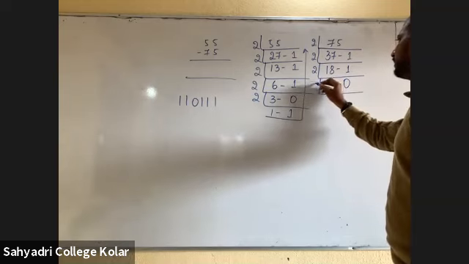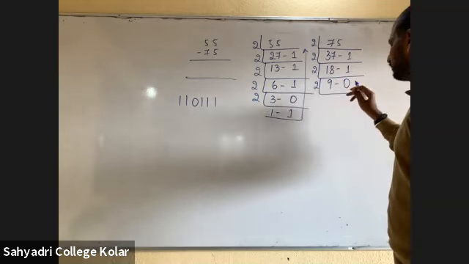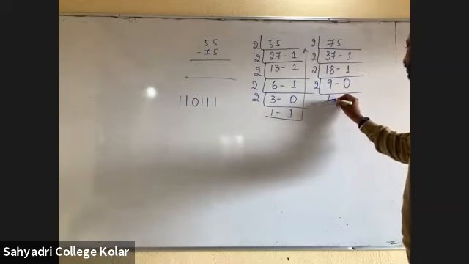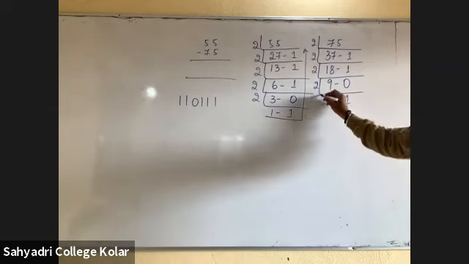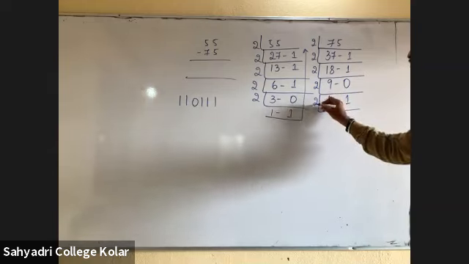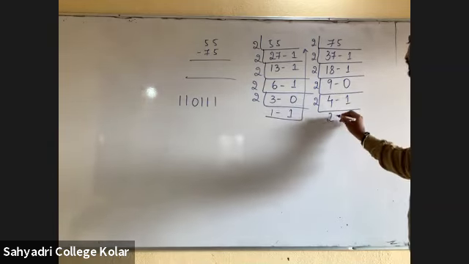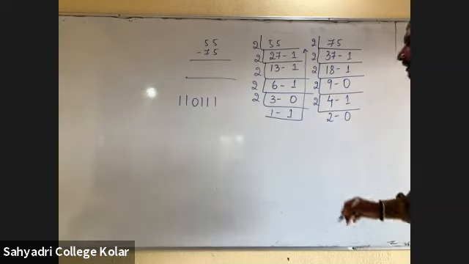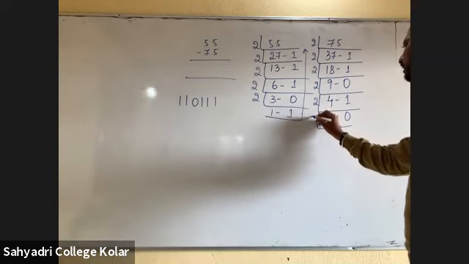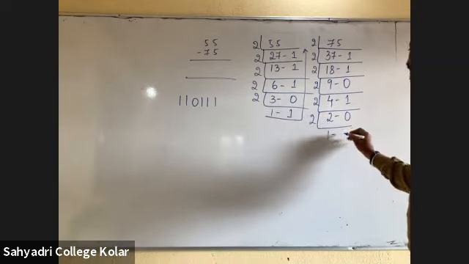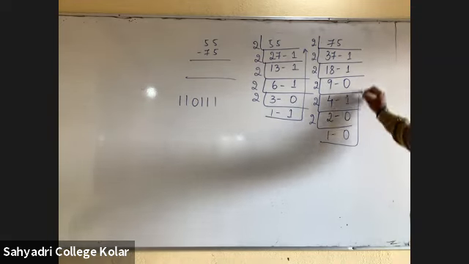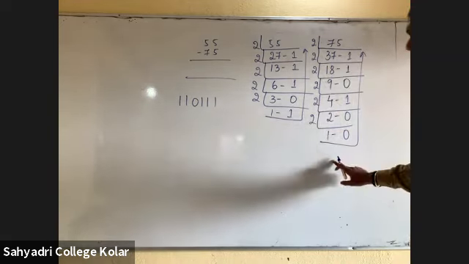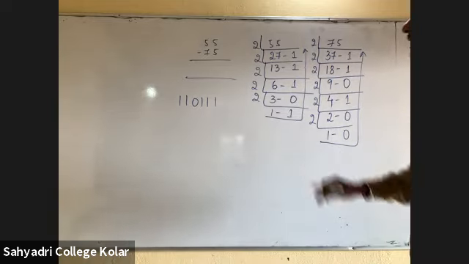Again, I will divide 9 by 2, 4 will be the quotient and 1 will be the remainder. Next again, I will divide 4 by 2, 2 will be the quotient and 0 will be the remainder. And again, I will divide 2 by 2, 1 will be the quotient and 0 will be the remainder. So, I have converted 75 to binary form.